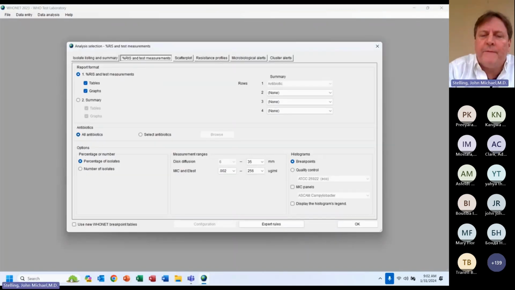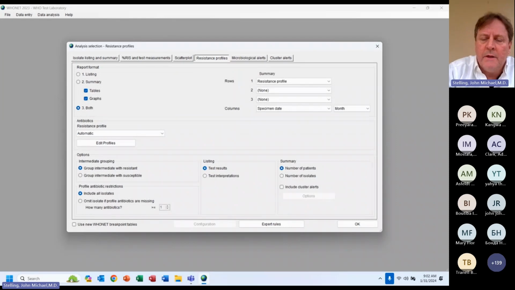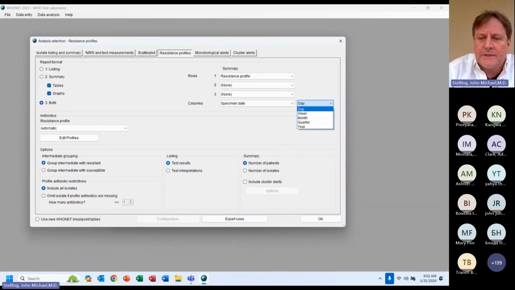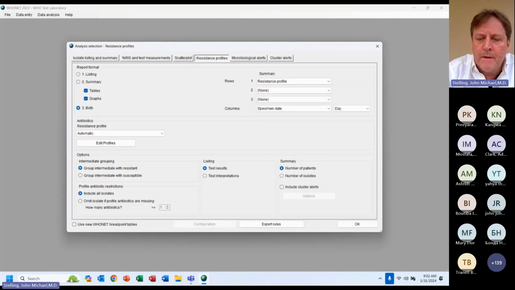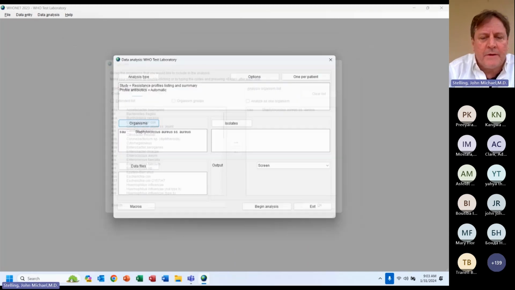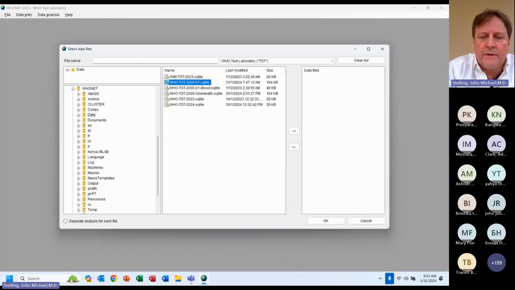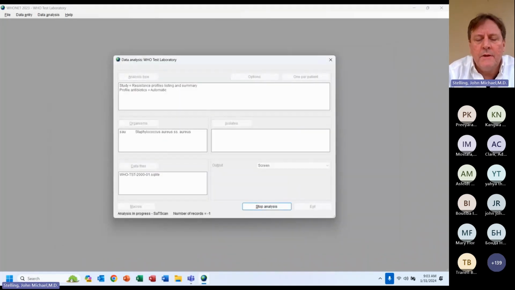As an example, if I go to resistance profiles, I'll just do the same analysis that I showed you, and let me show the clusters. Include cluster alerts, yes. And organisms, I will put Staphylococcus aureus, and I will put data files. Okay, begin analysis.